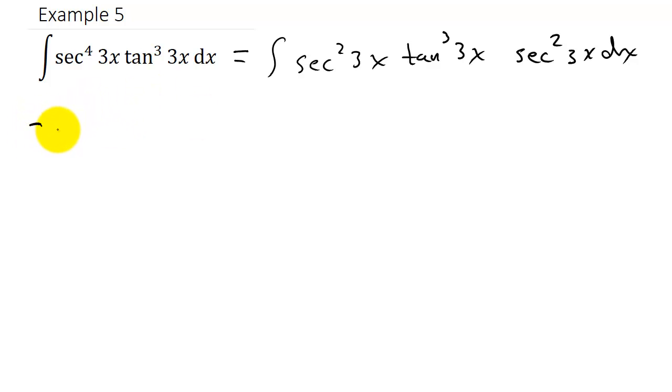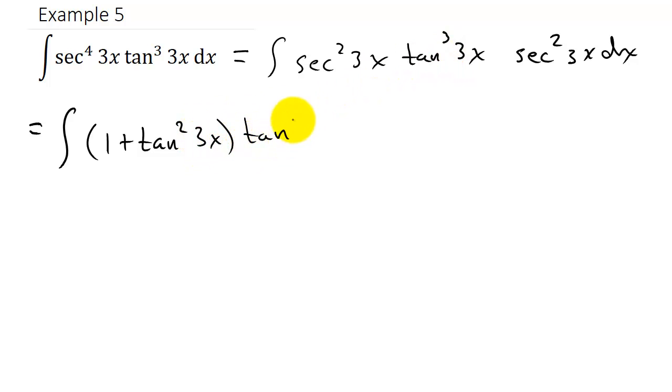So now I'm going to replace this secant squared with 1 plus tangent squared 3x, and then times my tangent cubed 3x, and then I've got my secant squared 3x dx.